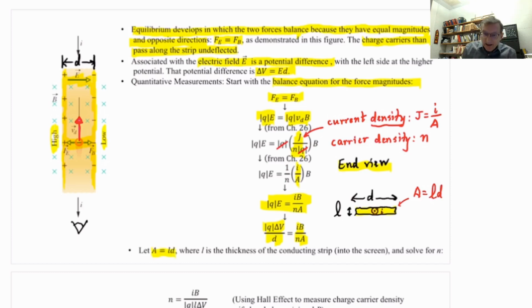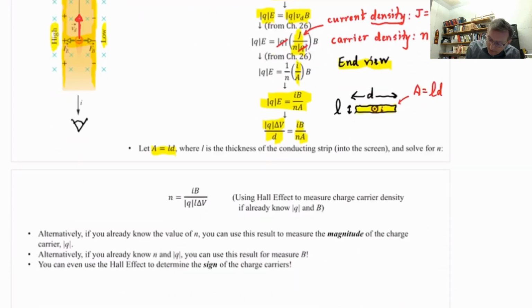Let me write down what that gives you. Let me just write it right here beneath where I was. Magnitude Q times potential difference delta V across the strip over D equals IB over nLD. Then the D cancels. And then what I did is just solve it for n, the carrier density. That's one possibility.